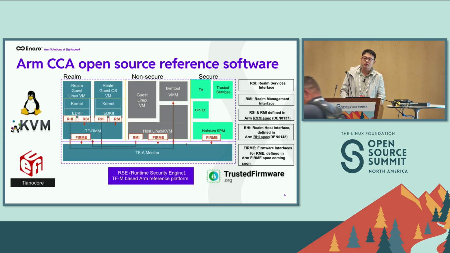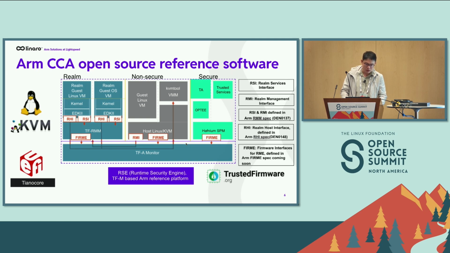Here is the general concept or architecture for CCA. We introduce realm support apart from the non-secure world, which is the normal world, and the other part is the secure world. A bunch of interface specifications have been introduced. The RSI interface is used for communication between the realm and the RMM firmware or the normal world KVM or QEMU.